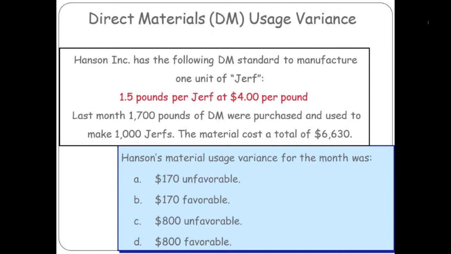A, B, no, C, D. The answer is C, $800 unfavorable. That comes from the fact that their standard said, based upon the volume of output, they should have used 1,500 pounds of the material. They actually used 1,700. So that's 200 pounds unfavorable at $4 a pound. That's the $800 using the standard price. Okay.